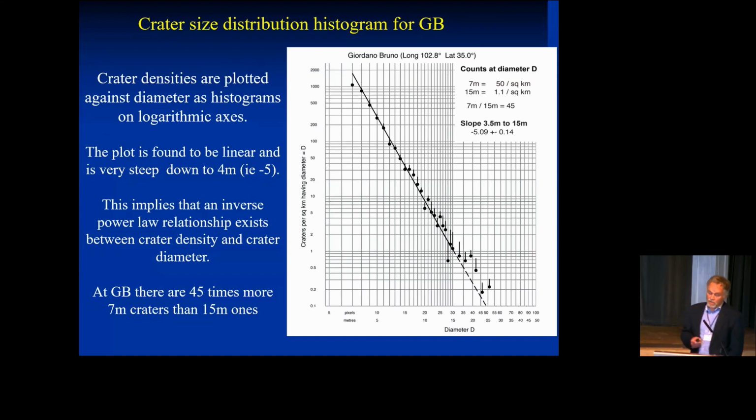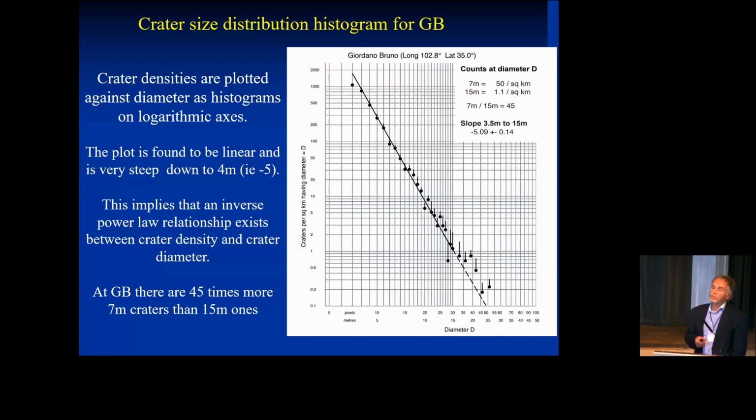The crater size distributions are being plotted in this work as just simple histograms on a log-log plot, rather than the more normal cumulative plots. This is possible because of the very large numbers of craters in this size range, from 4 meters up to 50 meters. The plot for GB is strictly linear between 4 meters and 25 meters.